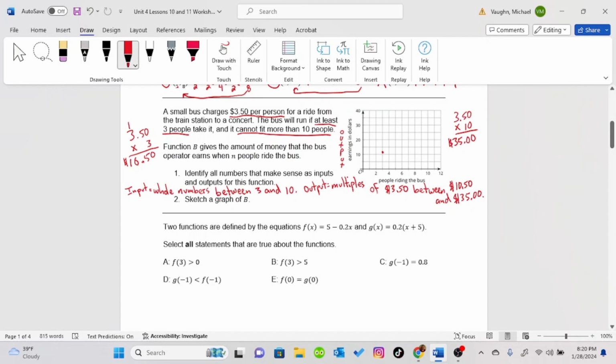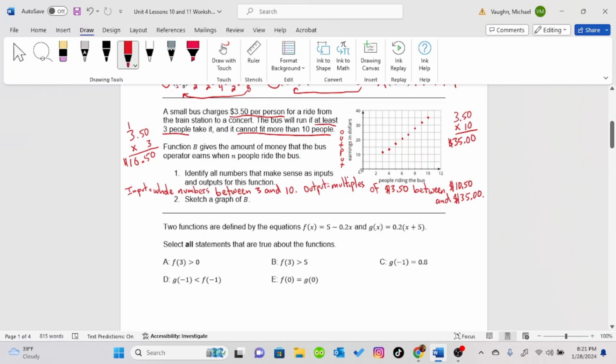Then 4 people would be $14. 5 people would be $17.50. 6 people would be $21. 7 people would be $24.50. 8 people would be $28. 9 people would be $31.50. And 10 people would be $35.